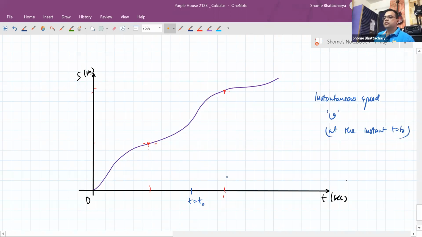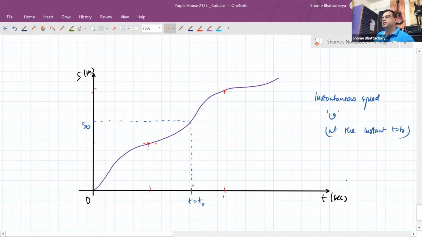How would I do that? So what I'd have to do is, of course, plot that point on the graph where the distance it has traveled from the beginning till that time t naught is, let's say, s naught.